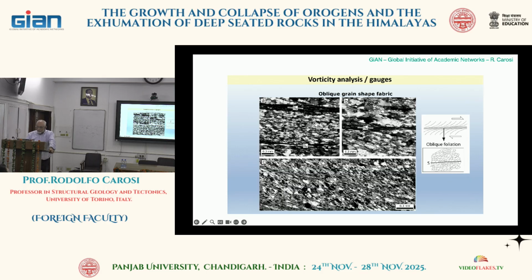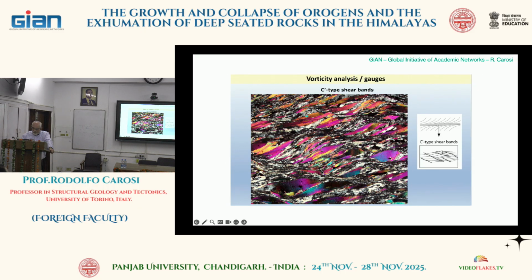It is called the quartz vorticity gauge. You can have oblique grain shape fabric in quartz. You remember the ribbon quartz of the mylonite. If you take this orientation, you can gain information about several things. Also, the C prime type shear bands are very useful because they are related to the instantaneous stretching axis.